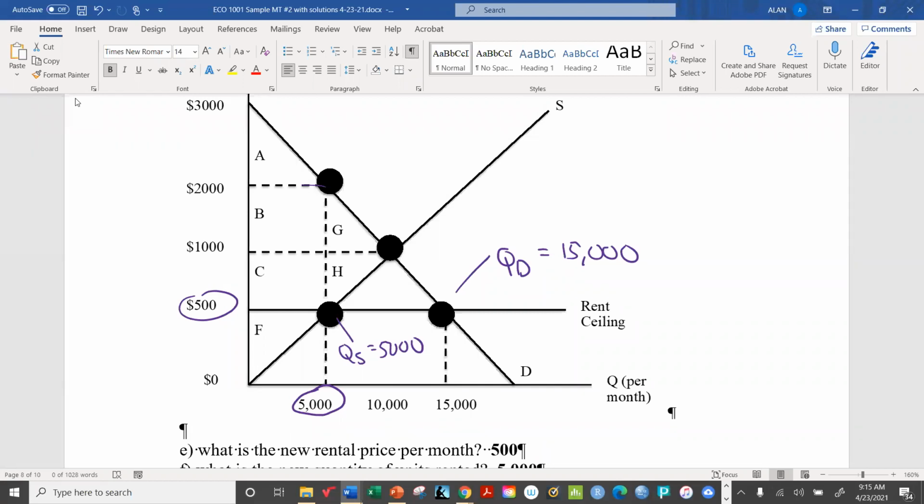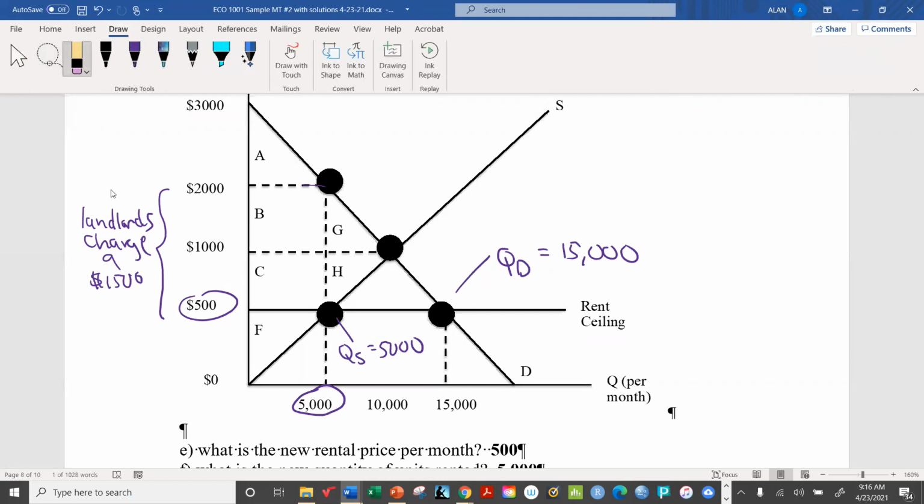So what's going to have to happen here is that, let's assume the landlords charge a $1,500 kickback, I guess you could call it. If not, then there's going to be an enormous amount of deadweight loss.